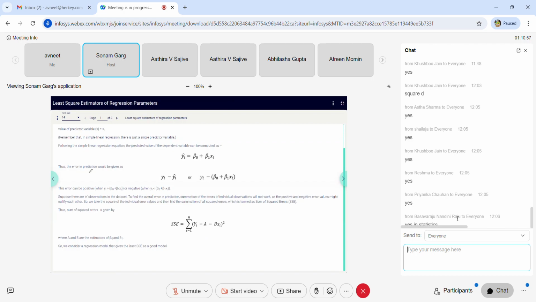Let's take an equation. Let's say this is a function f(x) and you have 6x minus x square.